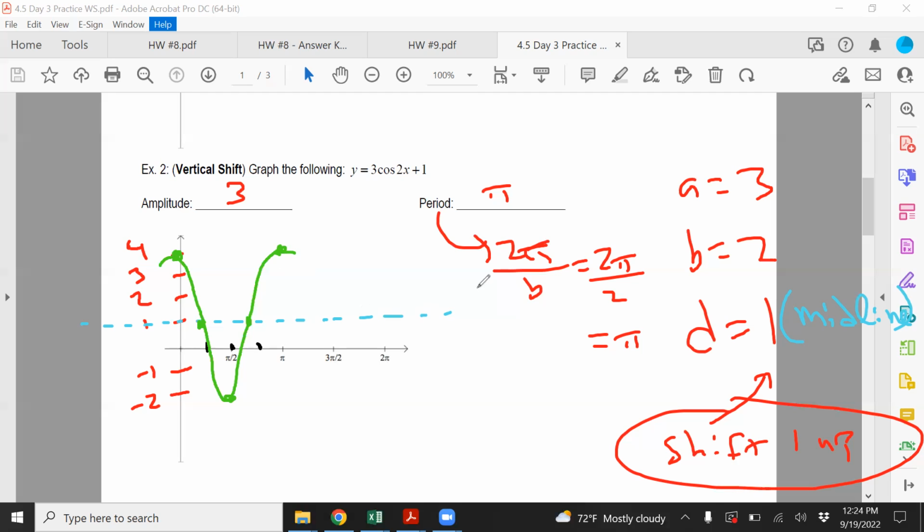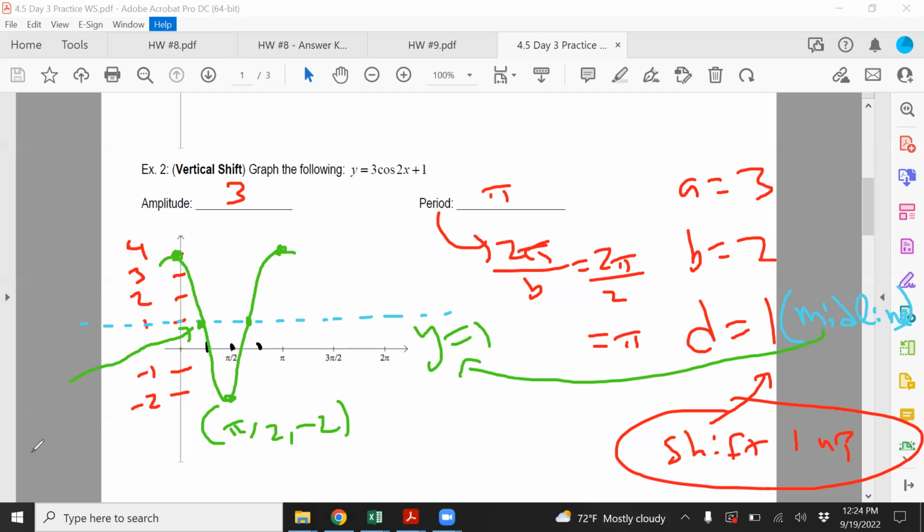So y equals 1 is my midline. And this coordinate here is going to be at pi over 2, comma -2. Draw the midline on it if it helps you.